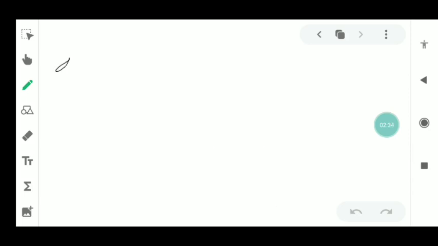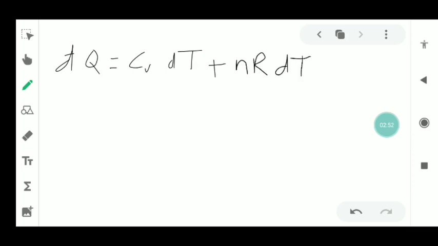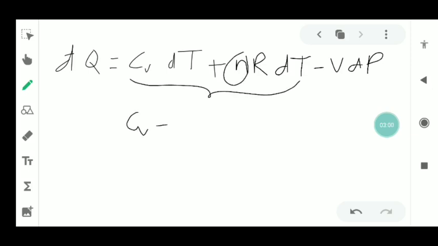Therefore we can write dq is equal to cv dt, which is du, plus dw, which is nr dt minus v dp. So for example, for n equal to 1 we can combine this: cv plus r into dt.